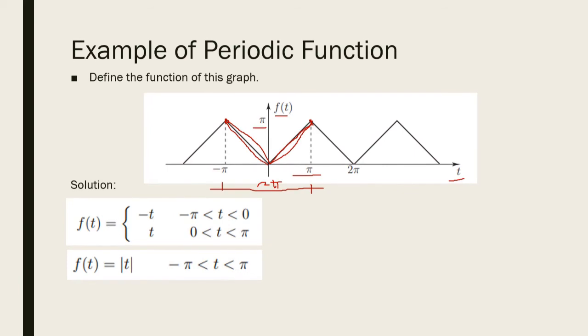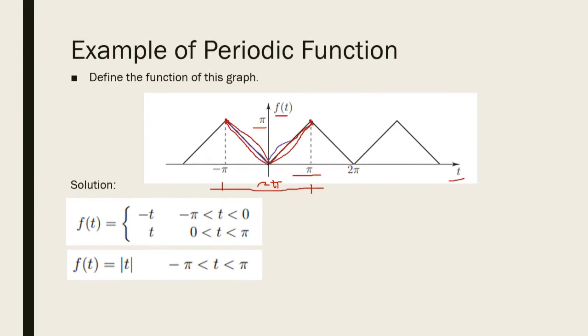If you recall the figures of different graphs, you know that f of t equal to absolute value of t looks like a V figure. So as you can see here, we have a V from negative pi to pi.